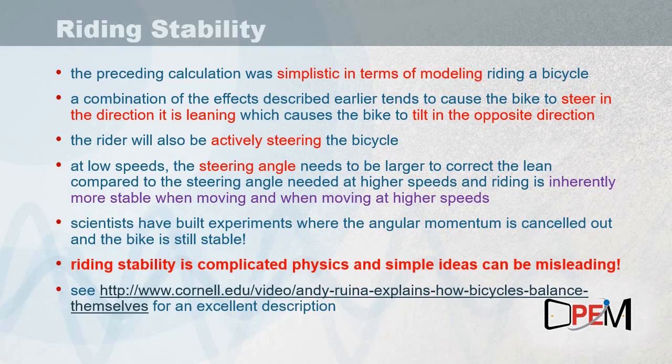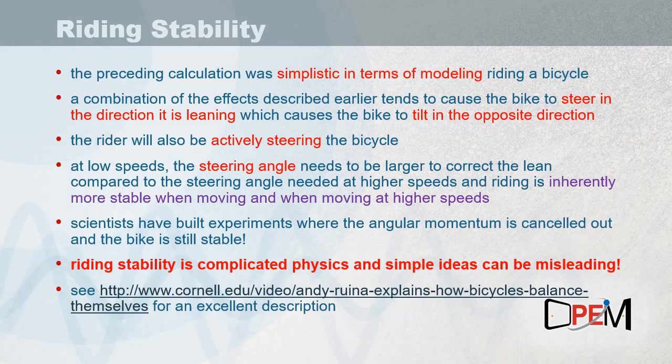So it turns out that there are a combination of effects that contribute to the stability of a bicycle when moving. But it comes down to, first order, I think, this key factor: as the bike starts to lean, because the front wheel is allowed to turn on the pivot at the front of the frame called the headset, this tends to cause the wheel to steer in that direction.